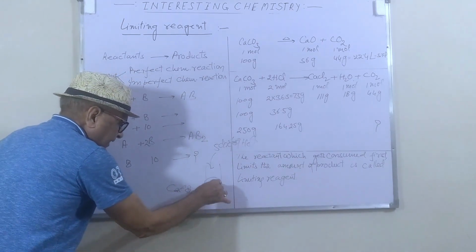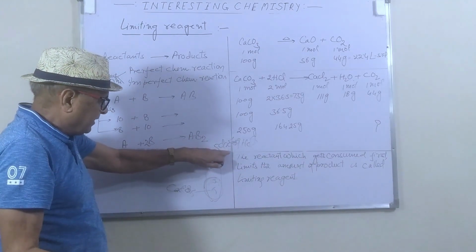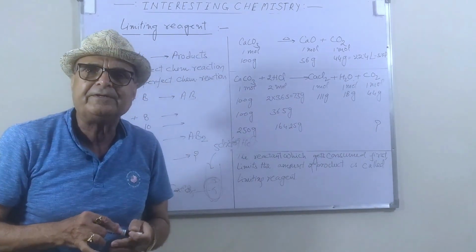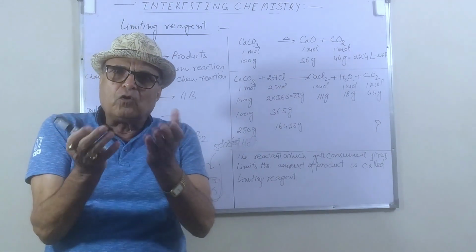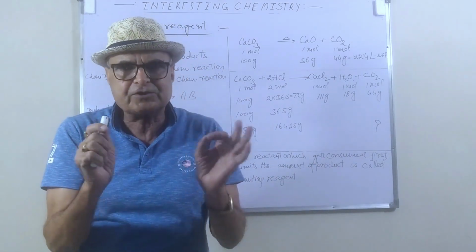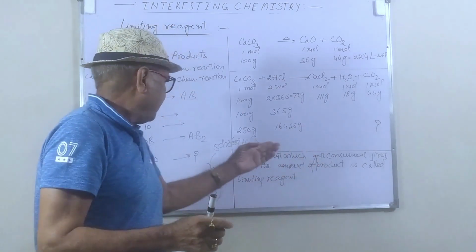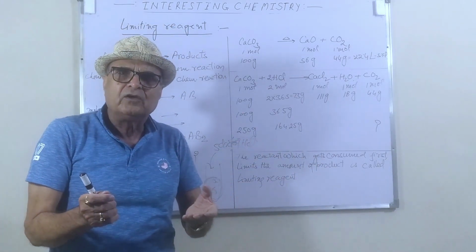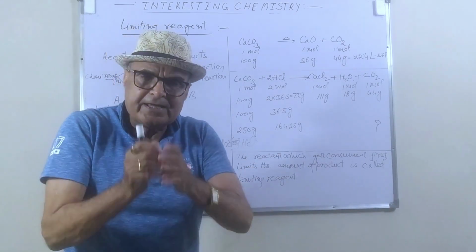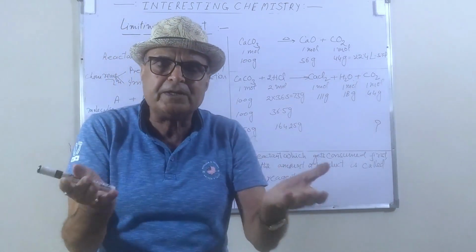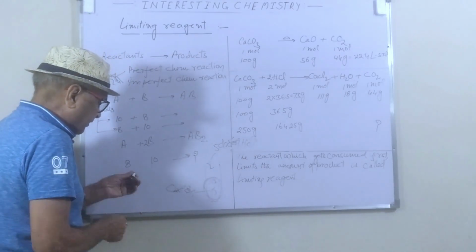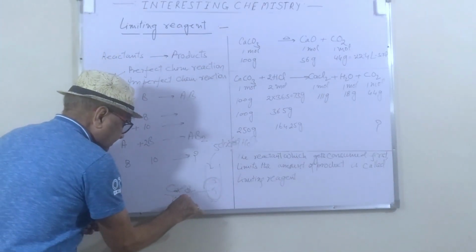What will happen? First thing, a small amount of carbon dioxide will be formed. Second, the 5 drops of HCl will be consumed immediately, hence the further reaction won't take place. And lastly, the amount of calcium carbonate will remain unreacted.